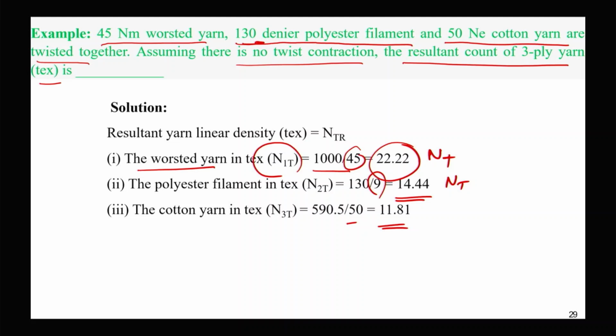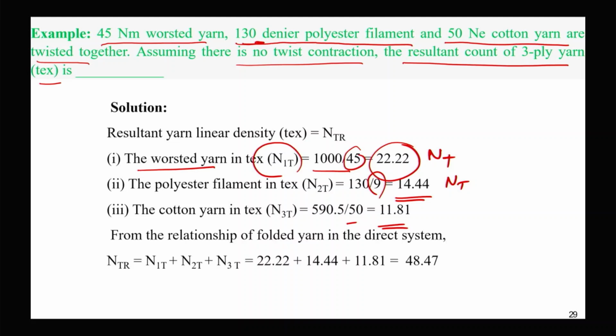So for 3 ply yarn without any twist contraction, this will be simply the addition of these 3 values. So for the resultant 3 ply yarn, the tex value will be 48.47 tex.